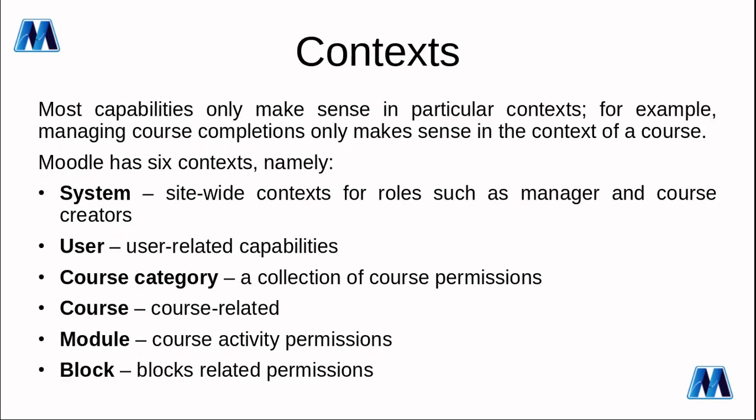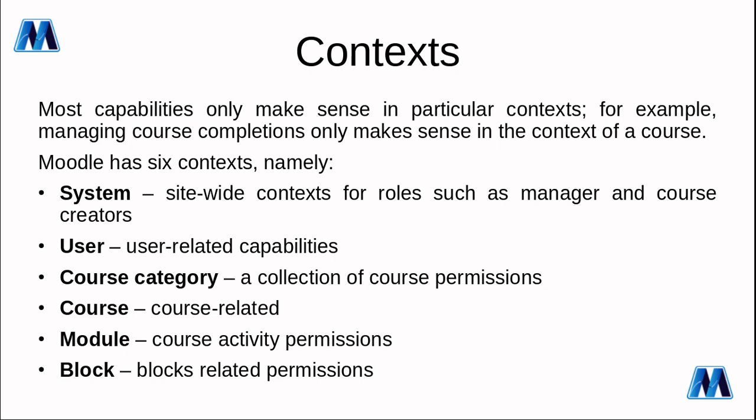So most capabilities only really make sense in a particular context. For example, when managing a course or managing course completions, it only makes sense in the context of a course. So Moodle has 6 contexts, namely system, which is system-wide, site-wide, user, capabilities relating to user records and users, course category, which are capabilities that relate to managing a collection of courses which are normally categorized.